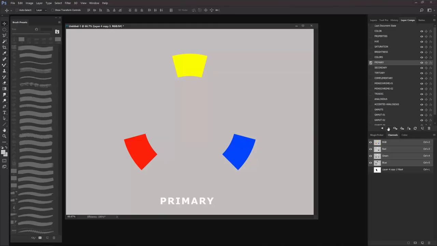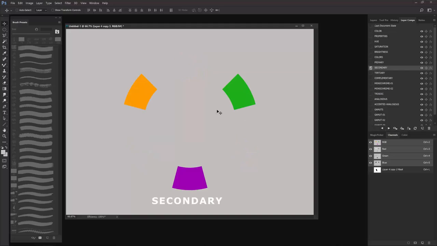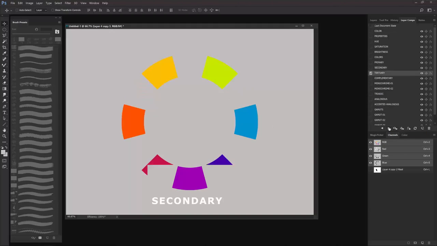If you mix them in pairs, we have the secondary colors. So if you mix yellow and red, you have orange. If you mix yellow and blue, you have green. And if you mix red and blue, you have purple. Secondary colors are very vibrant, but less vibrant than the primary colors. Okay? Let's take a look now. If you mix primary and secondary, you have tertiary colors.